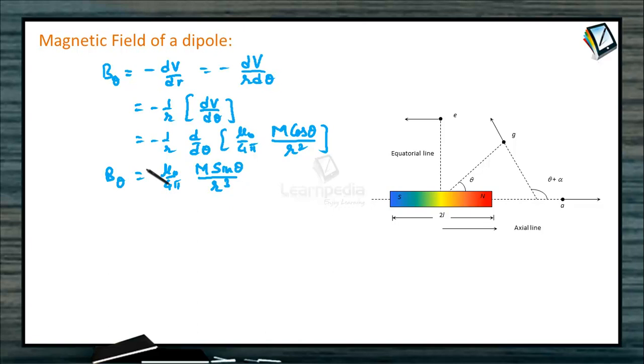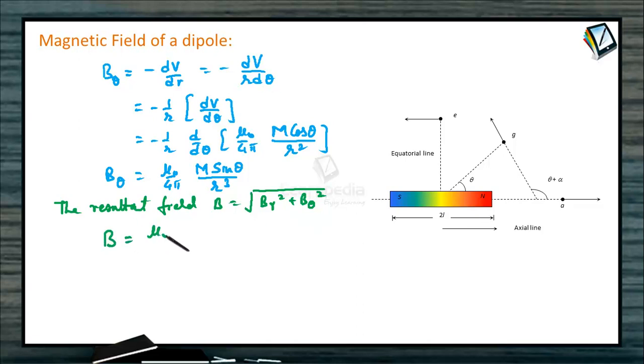We have with us B theta and BR. What is the resultant field? The resultant field B is equal to the square root of BR square plus B theta square, because these two components are perpendicular to each other. Let us substitute these values. The magnetic field B will be mu naught by 4 pi m by r cube, which can be taken as constant, into the square root of 2 cos theta whole square, that is the radial direction, plus sin theta whole square.